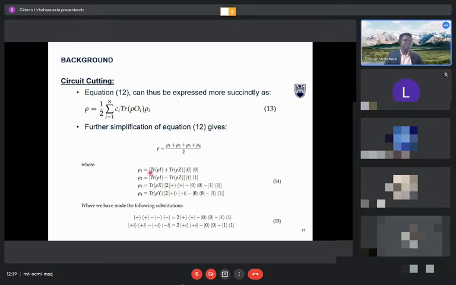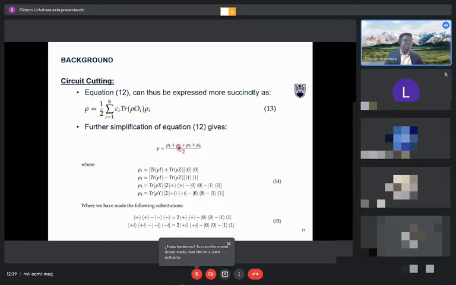So if we simplify it, we have trace of rho and the identity, and trace of Z, which is the expectation value over I and the expectation value over Z, and then the state 0. So basically, if you do this substitution, just play with the arithmetic, you're going to arrive at this equation here.